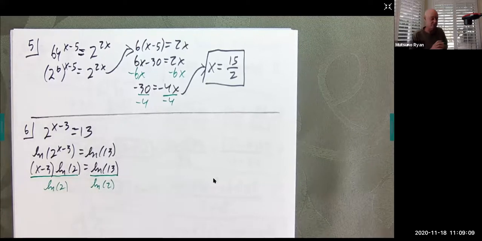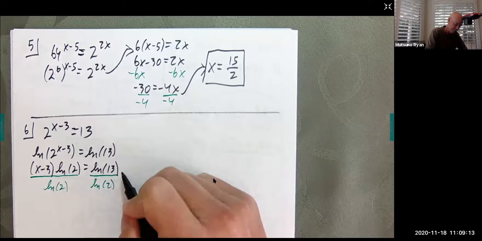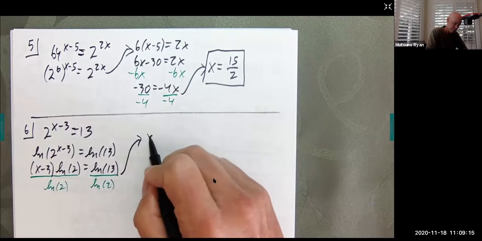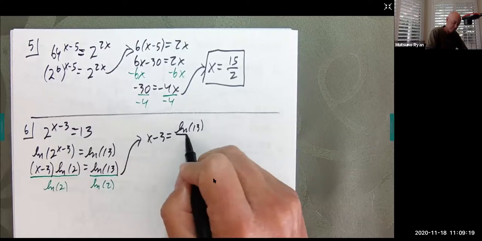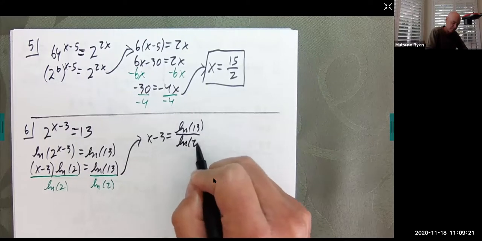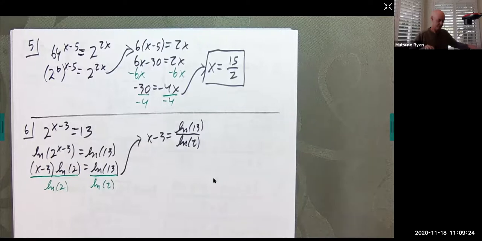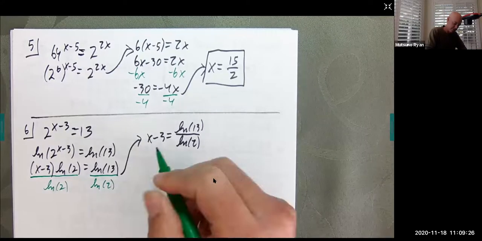It's not the only way to do this problem, but it's the way I'm going to choose to do it. Now to finish solving for x, I'm going to add a 3 to both sides.